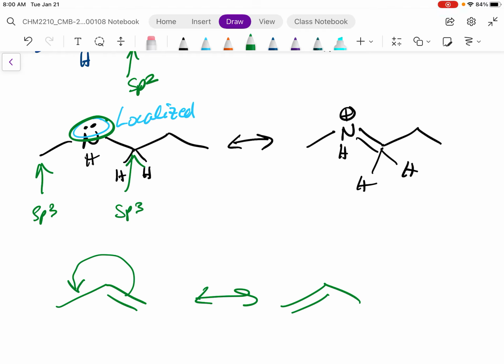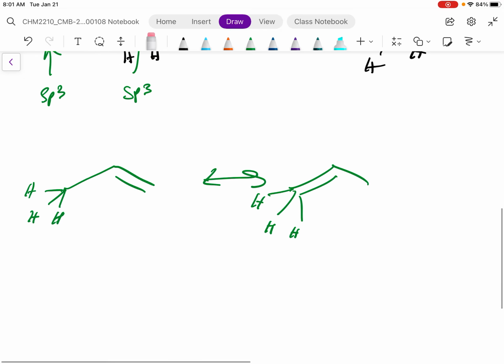How many hydrogens are on this carbon? 1, 2, 3. How many hydrogens are on this carbon? Still 3. I just made a Texas carbon. You can't do that. So those pi electrons in this particular molecule are localized. They can't go anywhere. They're just stuck there.